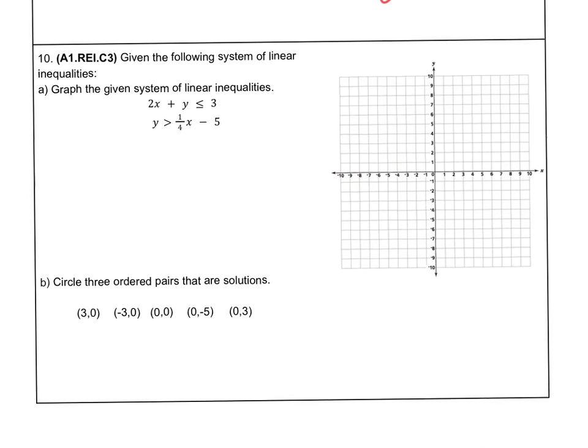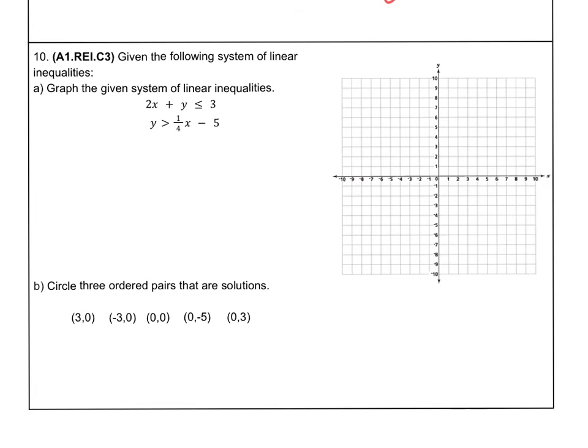All right, number 10, same deal, still solving inequalities, except this time we've got a part B. It wants us to circle the ordered pairs that are solutions to this. So we'll start with the first inequality. Can't graph that the way that it is. What do I need to do? Subtract the 2x. So y is less than or equal to -2x plus 3. B value is 3.